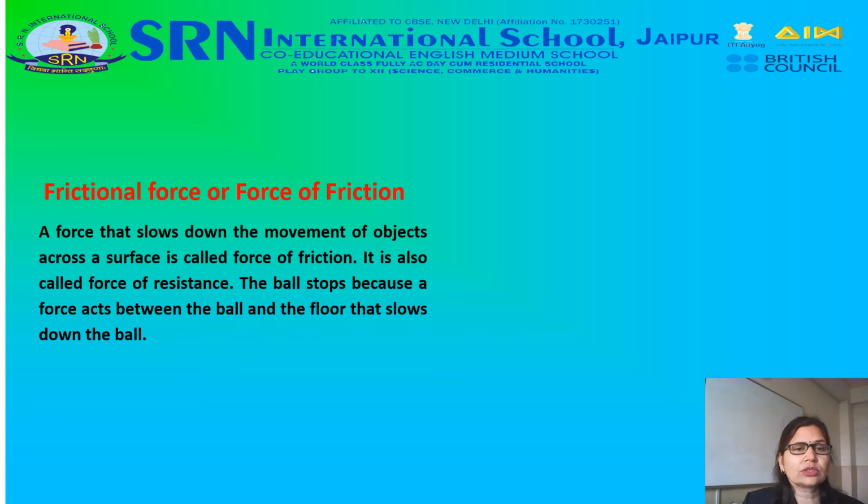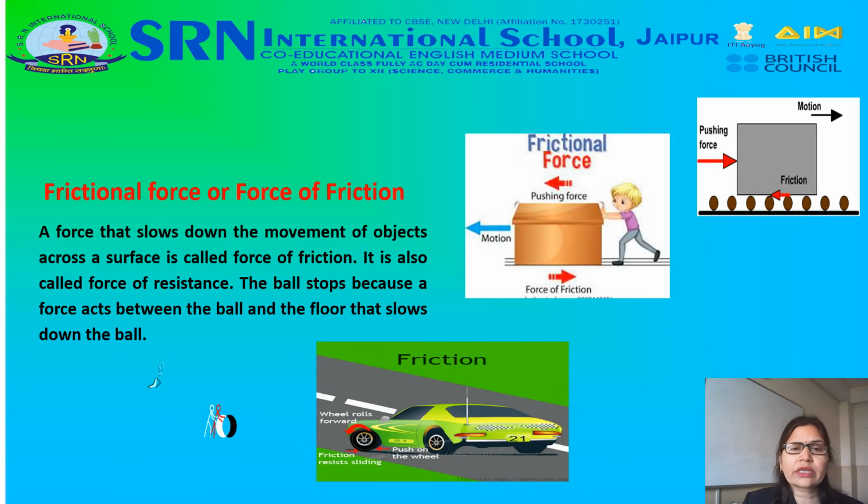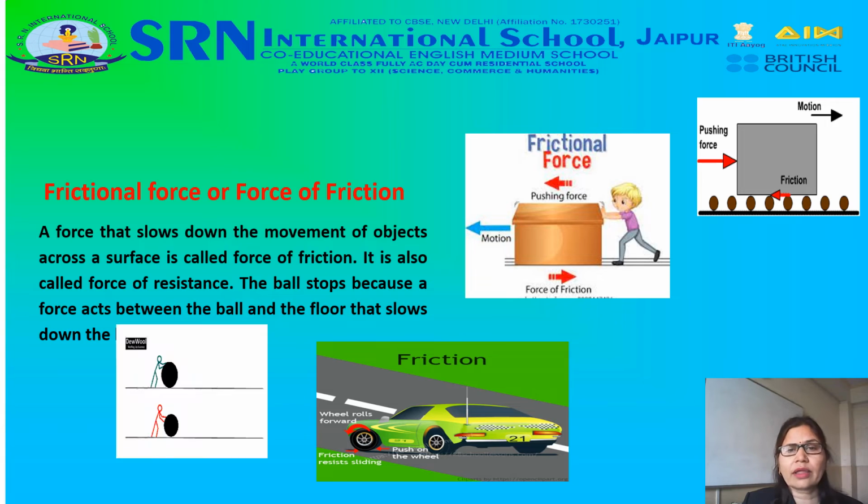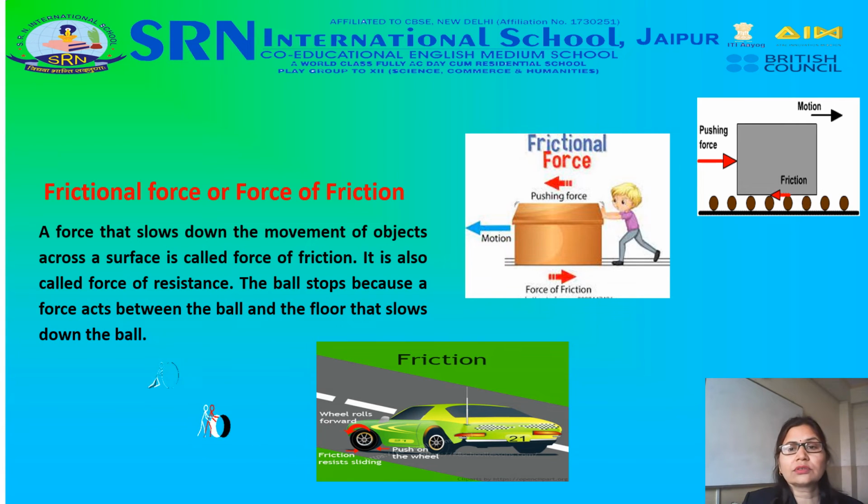The ball stops because a force acts between the ball and the floor that slows down the ball. This force is called frictional force or force of friction. Thus, a force that slows down the movement of an object across a surface is called force of friction. It is also called force of resistance.